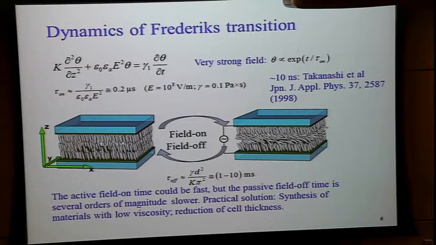Otherwise, we wouldn't have enough optical contrast. So it's like 5 micrometers in the typical display, divided by the elastic constant. If you put the numbers there, you would find that this is 1 to 10 milliseconds. It's right on the edge of what is acceptable. So people are trying to make better materials with lower viscosity and higher elastic constants and things like that to make this quantity go down.